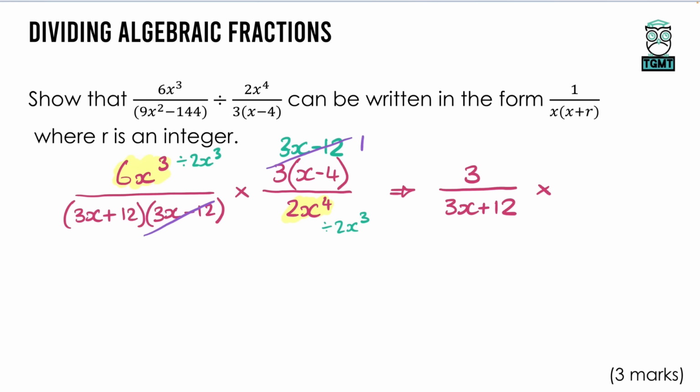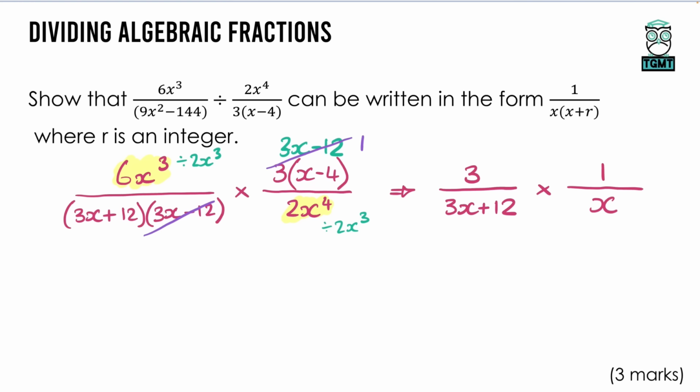We're going to multiply that, and on the right fraction we have 1 on the top as we've cancelled off that 3x minus 12, and on the bottom we have 2x to the power of 4 divided by 2x to the power of 3. Well, that just is x, as it's x that you have to times by 2x cubed to get to 2x to the power of 4. So that's what we're left with.